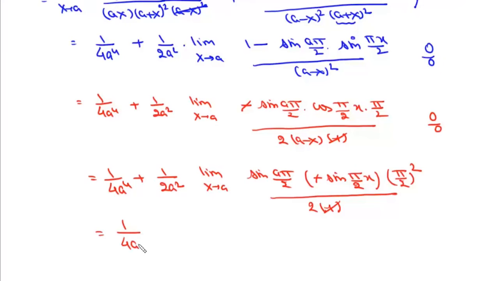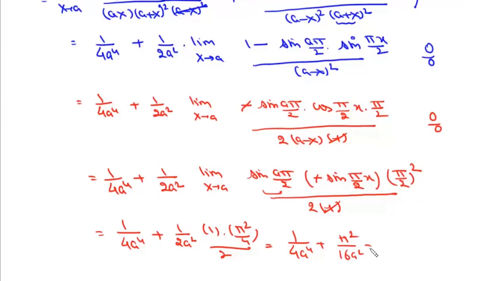If we put x as a, we'll get this as 1 upon 4a to the power 4 plus 1 upon 2a square, and here will be this sine a pi by 2 into sine a pi by 2, which is 1 into, now this is pi square by 4, and we have this 2 here. So it will be this 1 upon 4a to the power 4 plus pi square by 16a square. So we'll take this LCM. So it will be this 16a to the power 4, and then it will be 4 plus pi square into a square, and that is the answer to this limit.